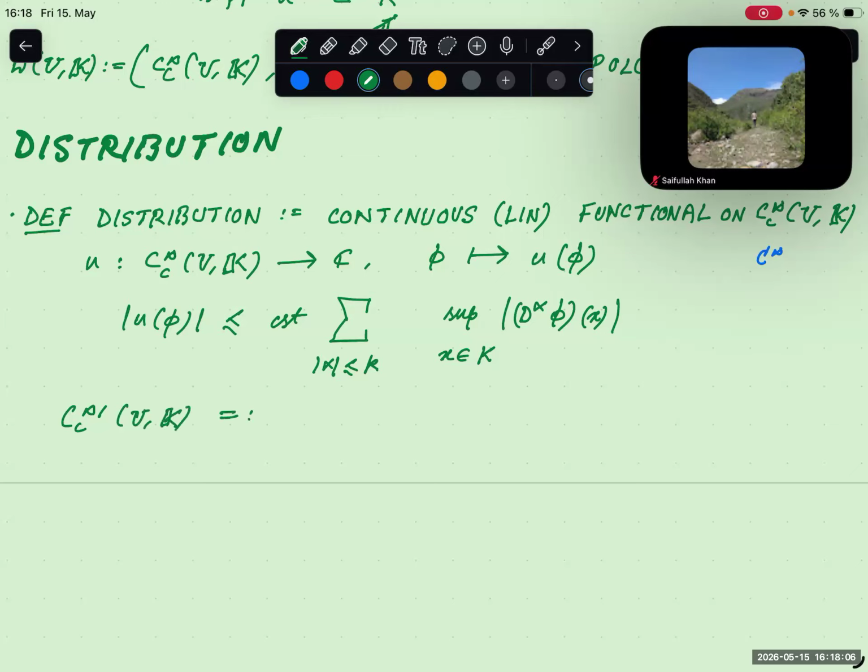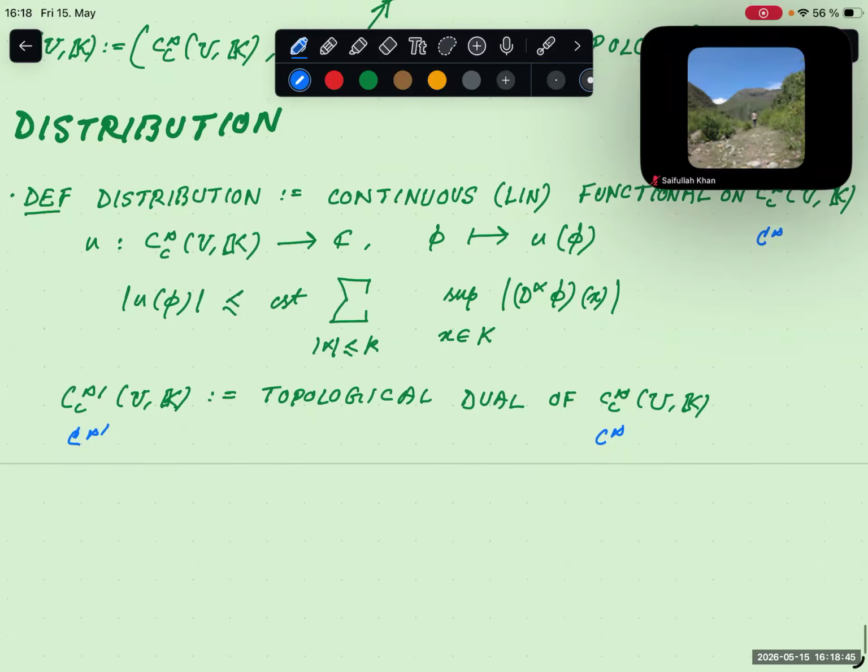And that's called the topological dual, the dual of compactly supported functions on U. And as before, you can also consider smooth functions. Then you put this.